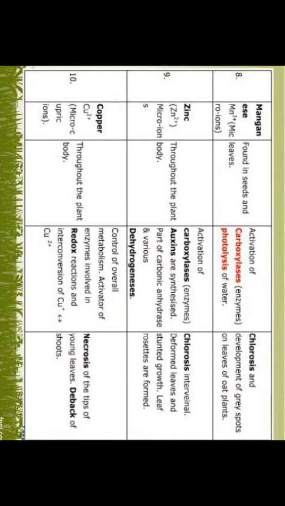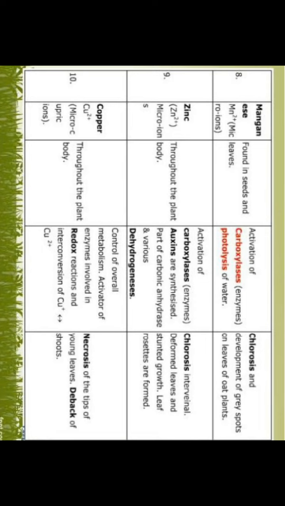Now let us see the next one, manganese. Here, students, it is absorbed in the form of manganese ions, shortly called Mn2+.